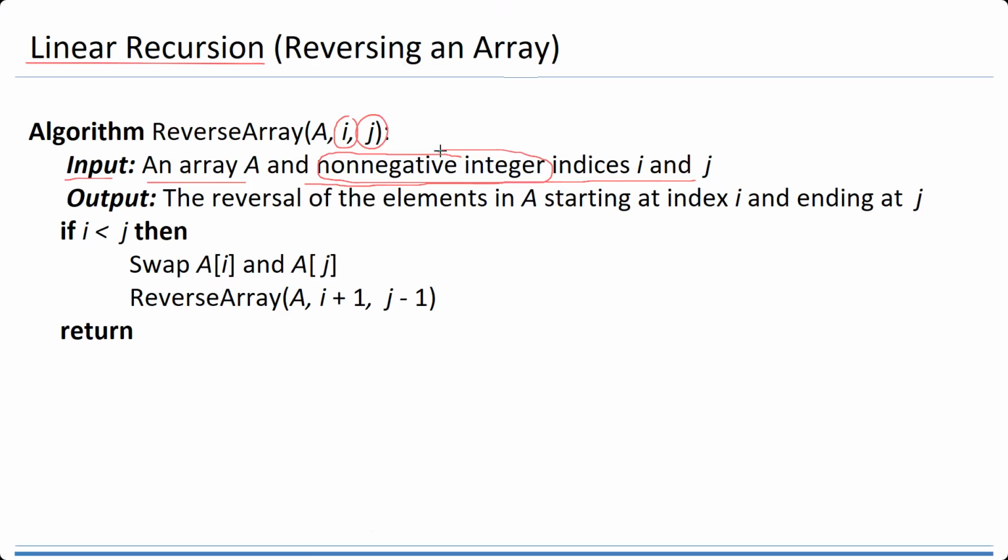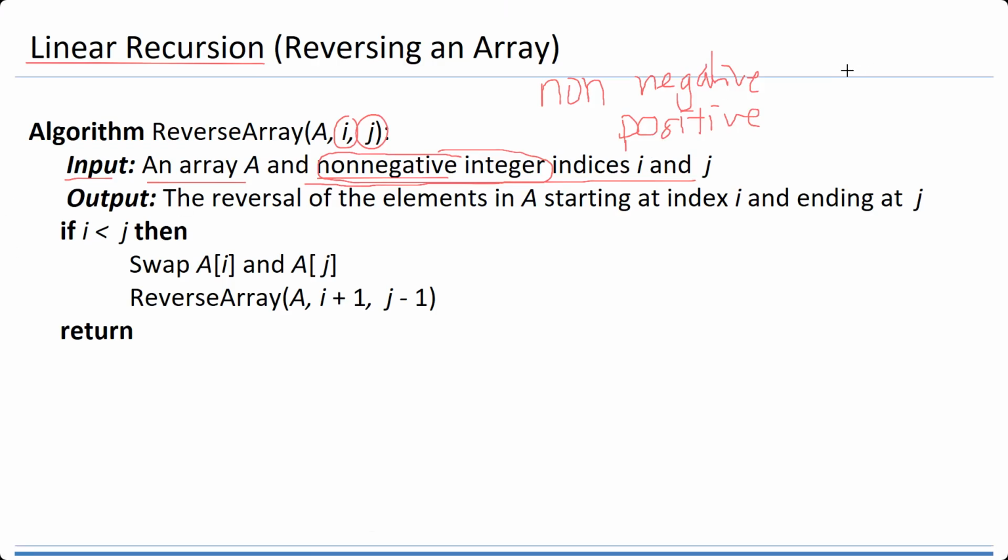What is a non-negative integer? We have non-negative, and sometimes people confuse it with positive. What is the difference between non-negative and positive? In mathematics, usually we use non-negative.